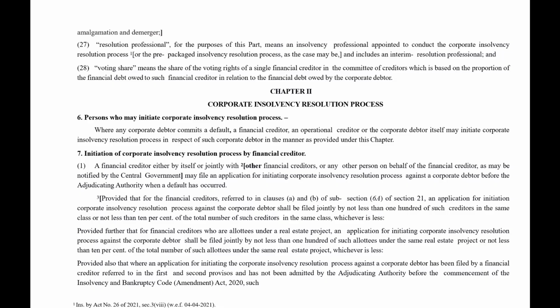But if one is to give way to the other, then the judiciary will decide which gives way. That is the rule of supremacy: central over state, and later over earlier. So these are the rules of interpretation basically.